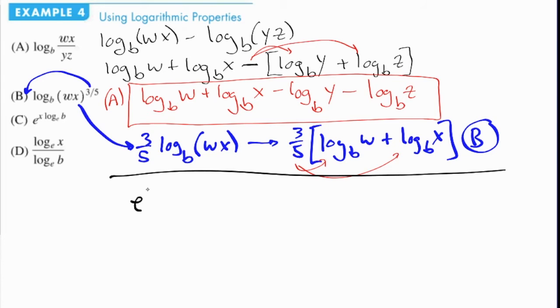Part C, we have e to the x log base e of b. And I can write this as e to the log base e of b to the x. These two will cancel out and give me b to the x.